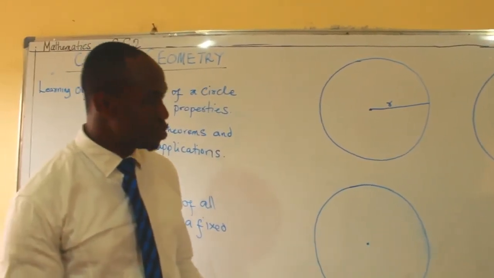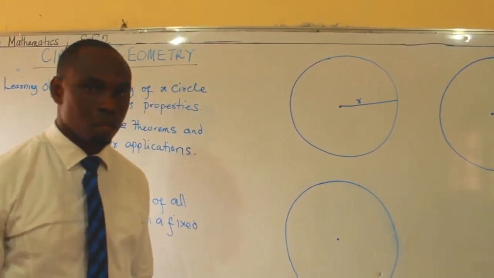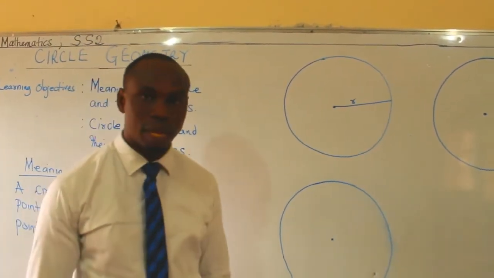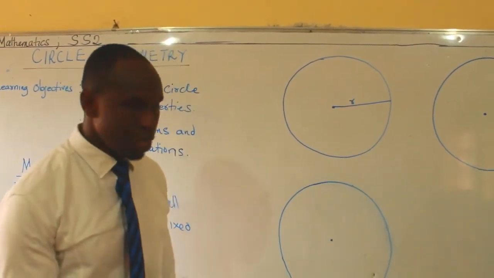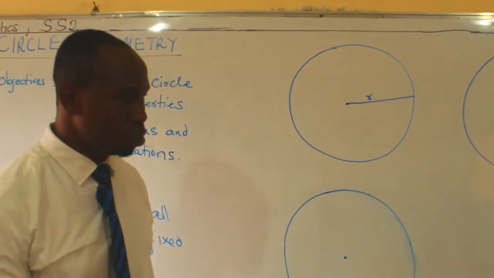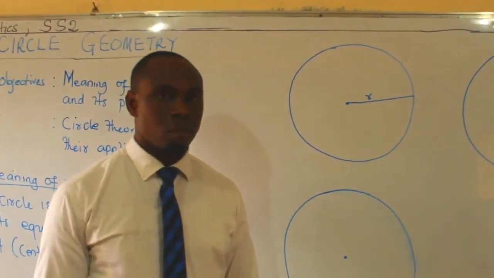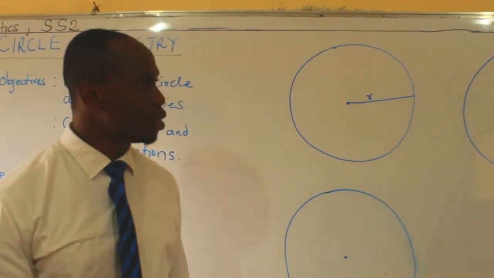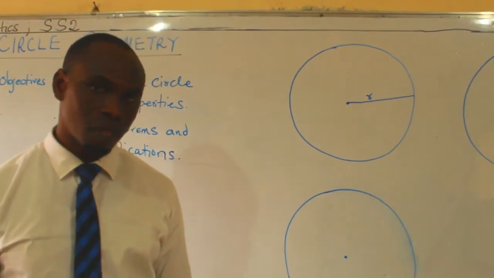Another feature of a circle is the diameter. Please write this down: the diameter of a circle is a line drawn from any point of the circumference to another, and the line must cross the center of the circle.